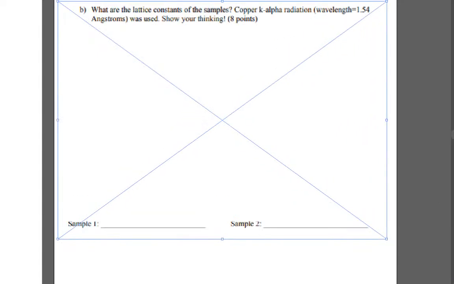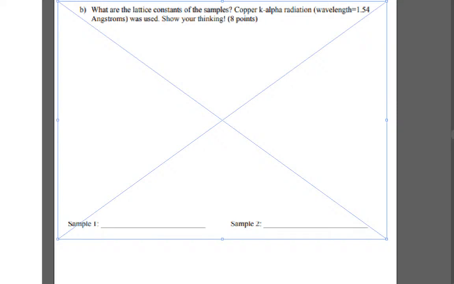What are the lattice constants of the samples? Copper K alpha radiation, wavelength equals 1.54 angstroms, was used. Show your thinking. Okay, the lattice constant is the a. I know that fact, and a would equal the square root of h squared plus k squared plus l squared.